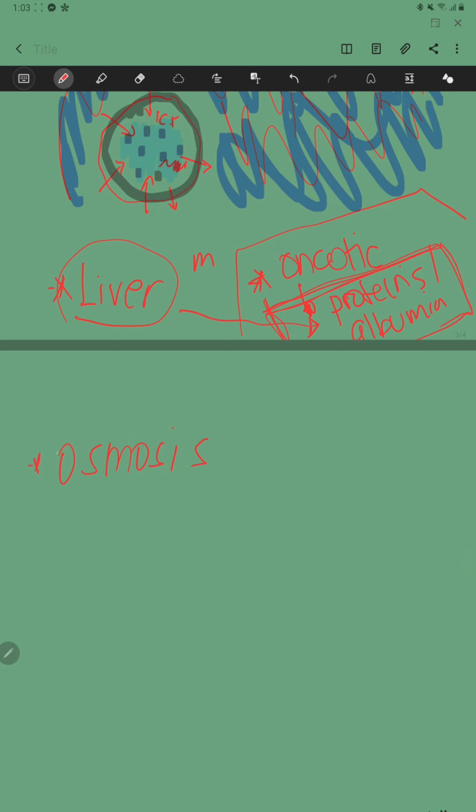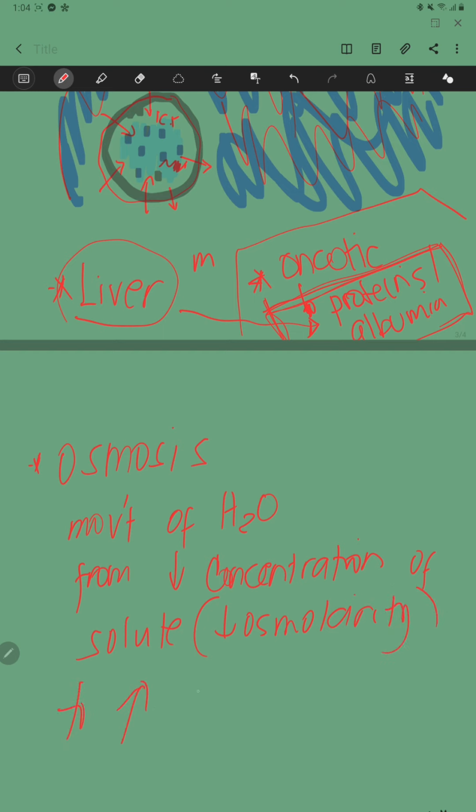We mentioned the word osmosis would now refer to the movement of water from low concentration of solute or your low osmolarity to high concentration of solutes or high osmolarity.